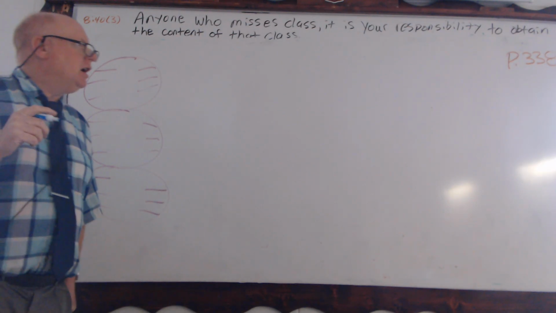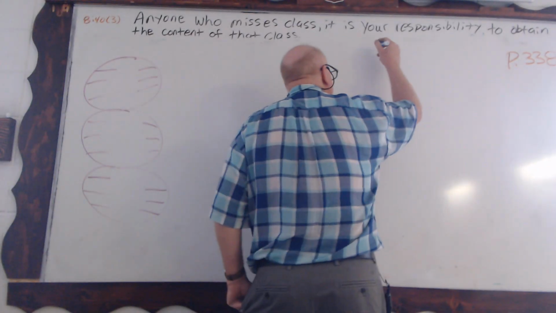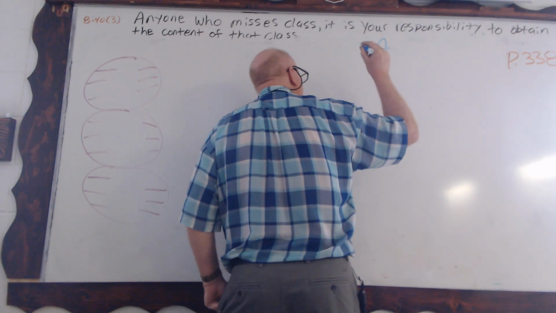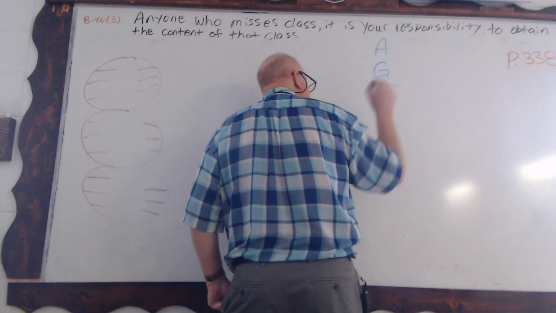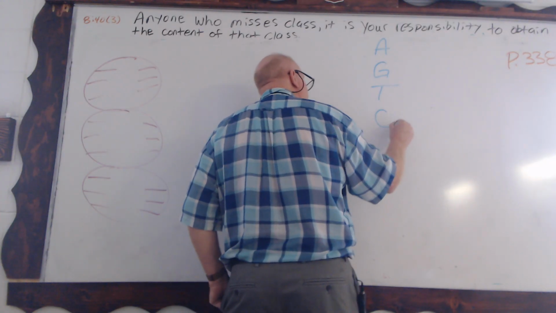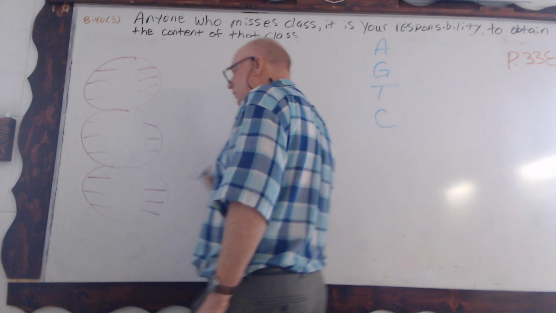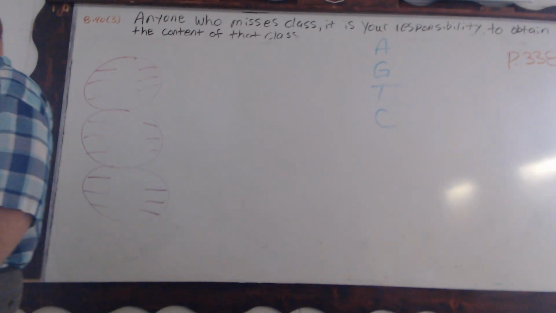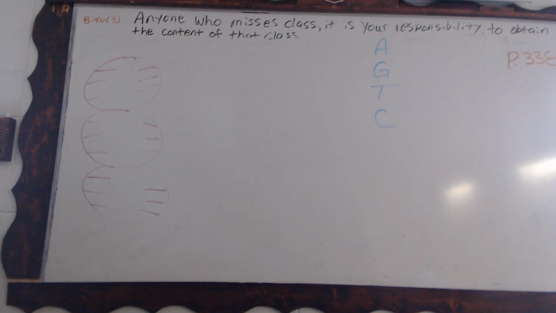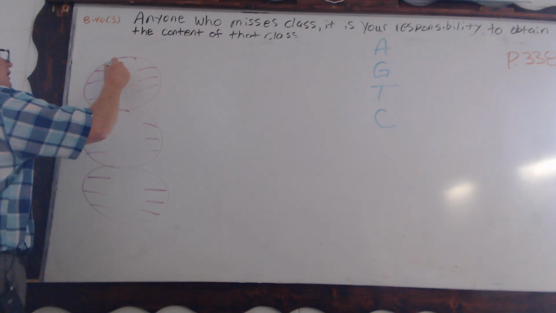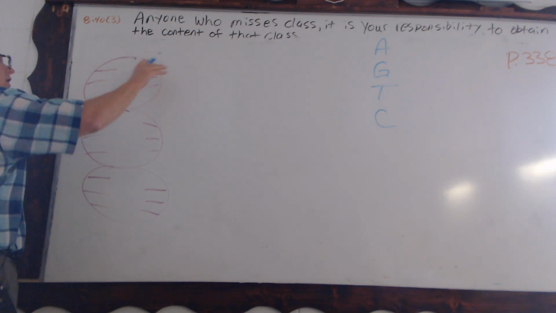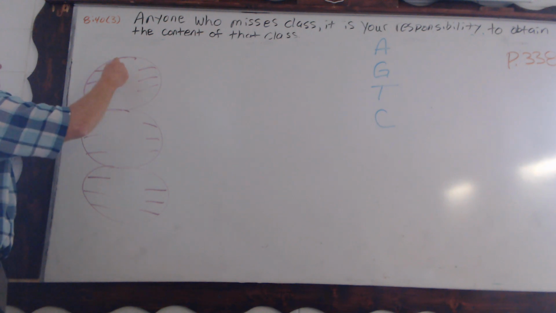So of those 4, you said adenine first, then guanine, then thymine, and then finally cytosine. Those are our 4 choices of nucleotides. Of those 4, start picking out a code that goes in here, any one of those 4.